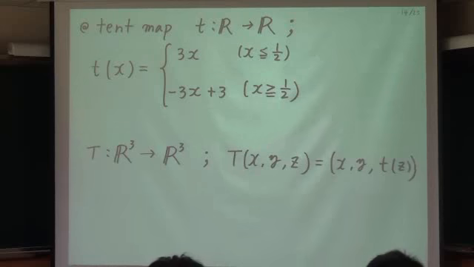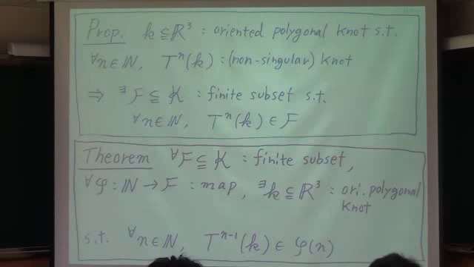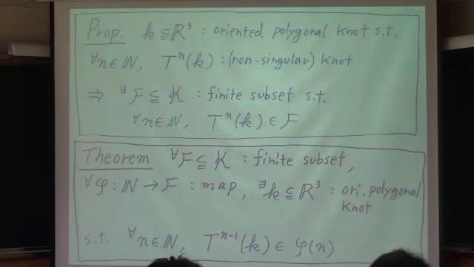Roughly speaking, the only difference is over and under at crossings. In such a way, we can show that only a finite set of knot types appears by any repetition of T.